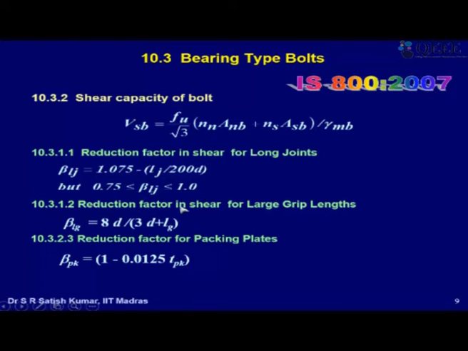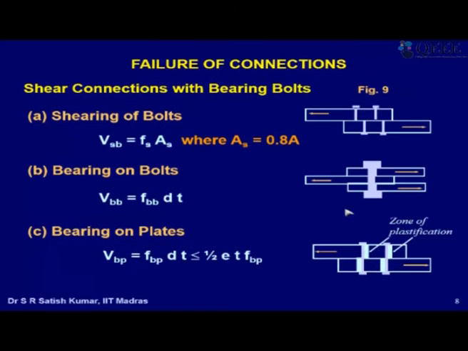Then, reduction factor for shear in large grip lengths. When your bolt has a large grip length, I'll go back and explain what grip length is. Grip length is the distance between the bottom of the head of the bolt to the bottom of the nut, bottom in the sense of the inside part of the nut. This is the outside part. So this is my grip length, and when the grip length becomes very large, the bolts tend to bend a little bit.